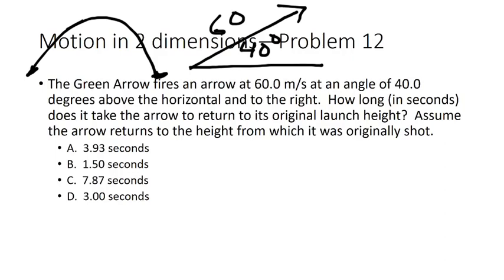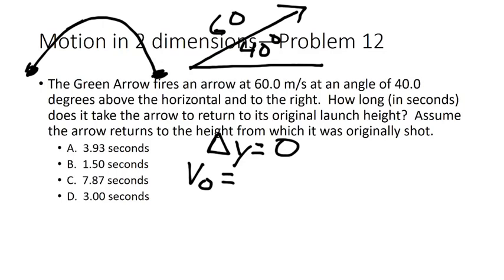Couple things to think about. The time in the air is determined by vertical motion. So let's think about what we know vertically. Our vertical displacement, we'll call it delta y in this case, is 0 because we're starting vertically at the same place we're ending. Our initial vertical velocity, v0, is not 60.